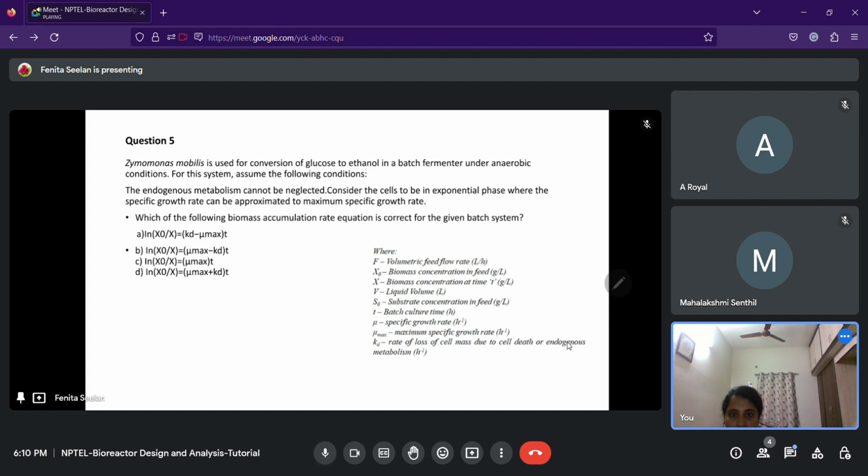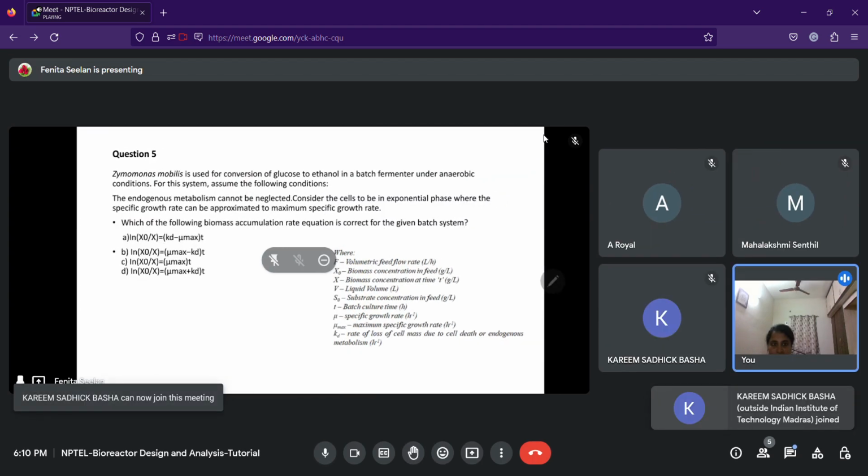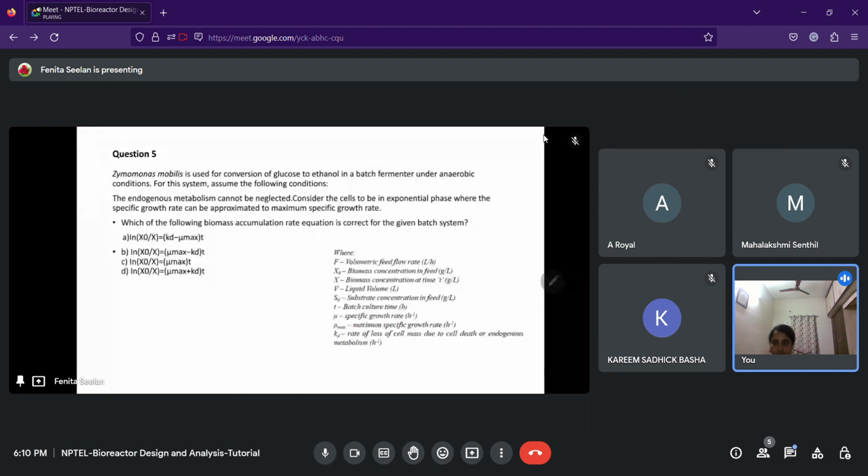Consider the cells to be in exponential phase, where the specific growth rate can be approximated to the maximum specific growth rate. Which of the following biomass accumulation rate equations is correct for the given batch system? Any idea where to start this derivation? How do we conclude which one among the following is the suitable answer?